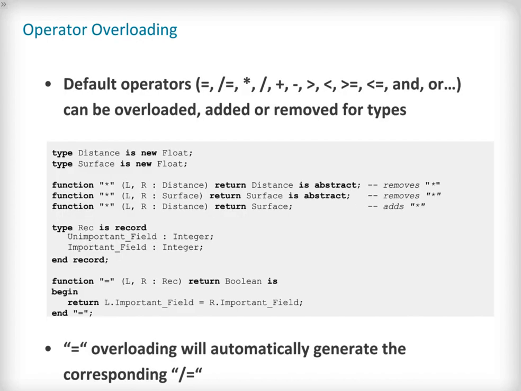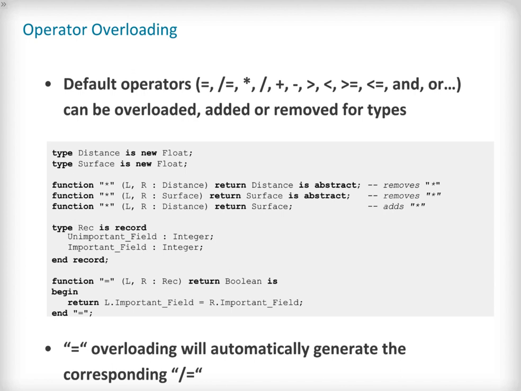One of the very common situations when using overloading is to overload operators: equal, different, multiply, divide, etc. As a matter of fact, overloading allows me to modify the existing versions of those operators. It will allow me to add new ones or to remove existing ones.